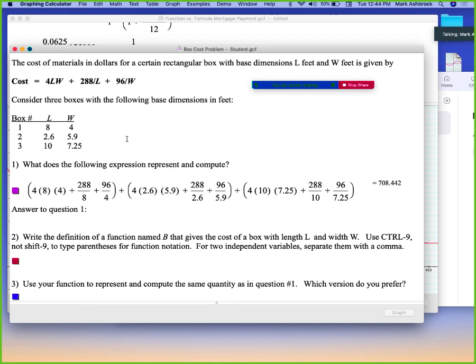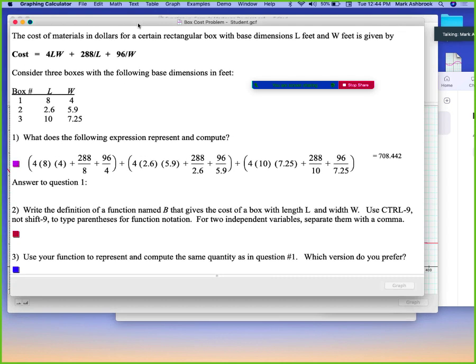This is nice because everyone has the full assignment in front of them, and then everyone fills in their blank template, and then you get immediate feedback with the responses that you get from GC, and then you can analyze those, right? So this is an example of that. It's a really good teaching tool. And then this box cost problem, it really tries to motivate, again, the use of function notation.